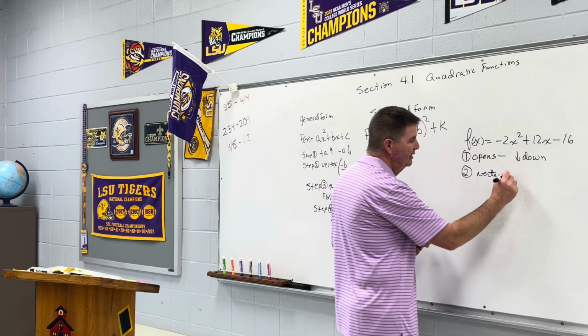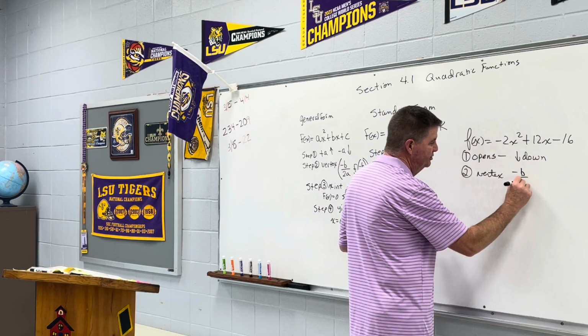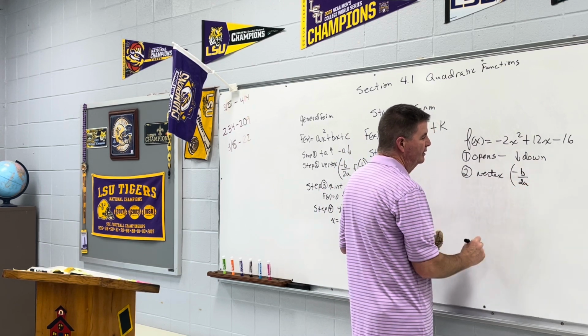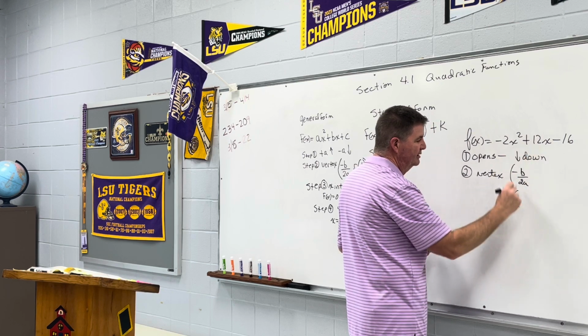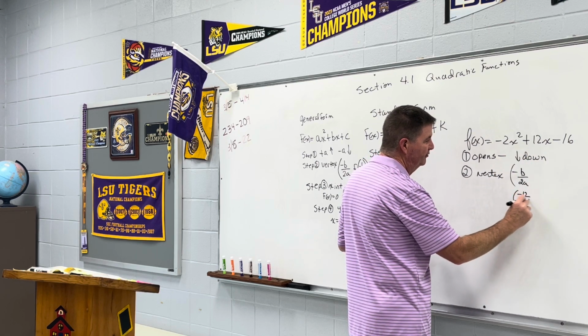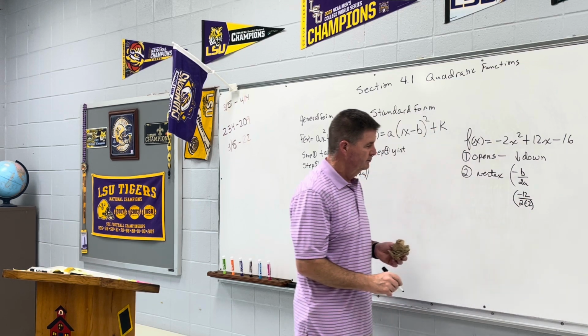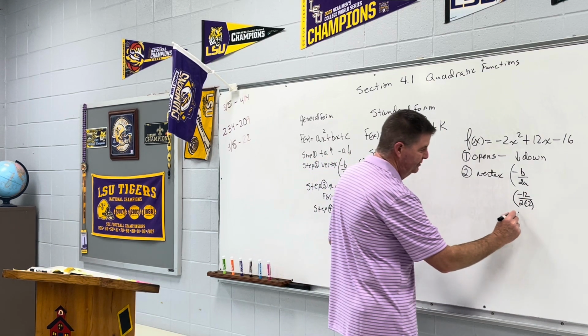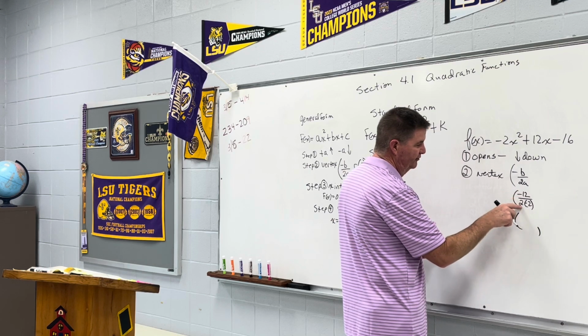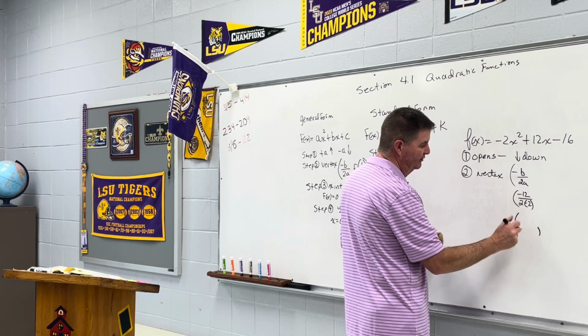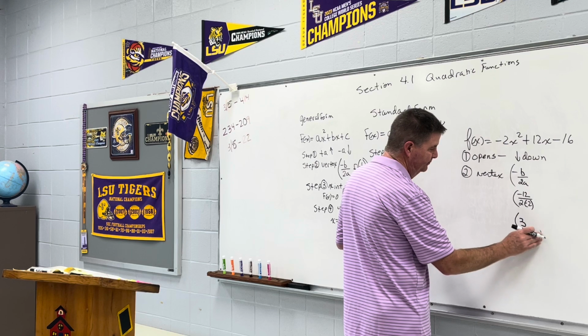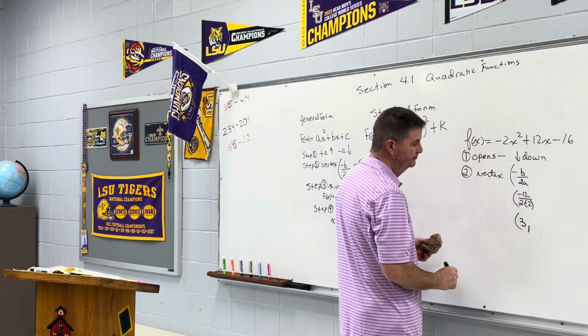So it's going to be negative b over 2a. So negative b is going to be what? Negative 12 over 2 times negative 2. This is going to be 4, so negative 12 over negative 4 is positive 3.